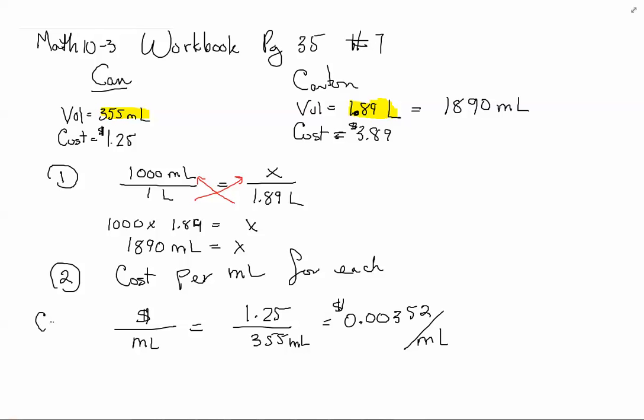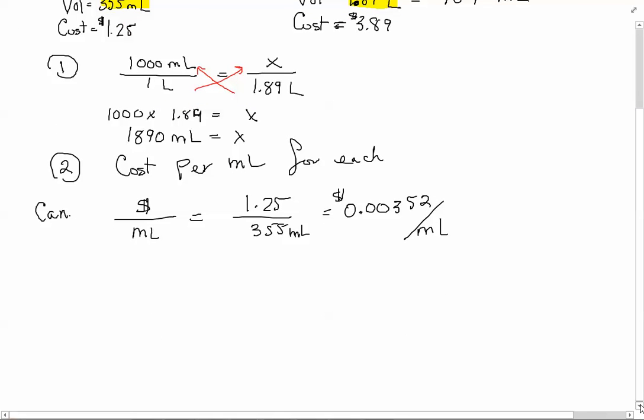That's for the can. Now let's do the cost for the carton. Our carton is $3.89 for 1,890 milliliters, and so let's divide that out.